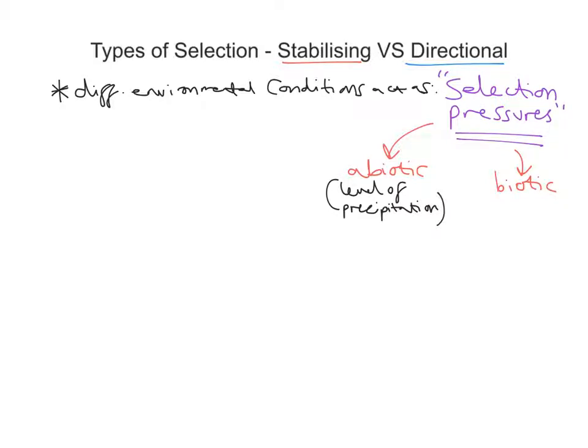So the ones that prefer wet kind of climates would thrive there. And biotic would be, for example, the predators, a living component of environment that may favour one particular group of organisms over another.